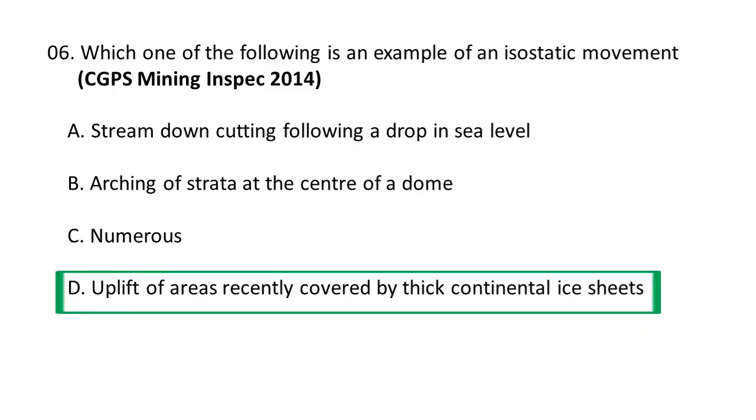So the correct option is D. The uplift of areas covered by thick continental ice sheets is an example of isostatic adjustment. Isostatic adjustment is the ongoing movement of land that was once covered by ice sheets, and this process of glacial isostatic adjustment is also known as GIA.